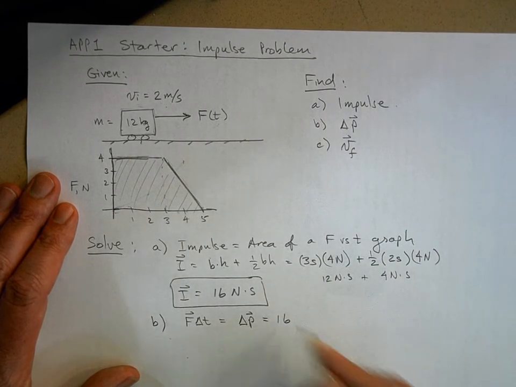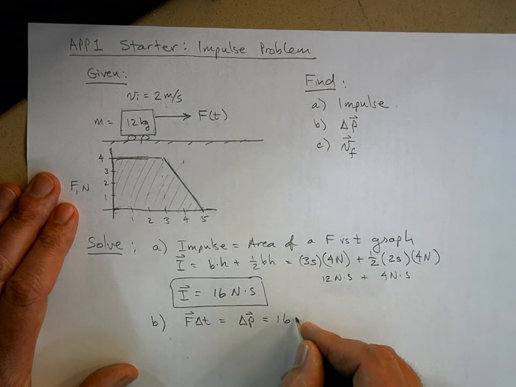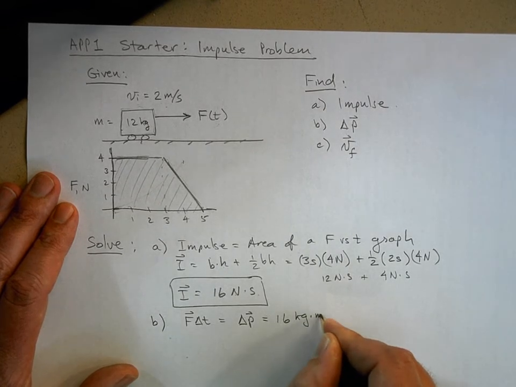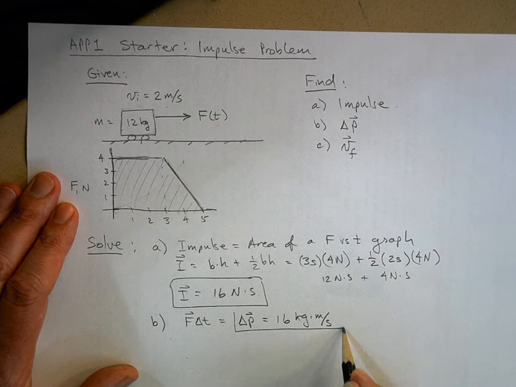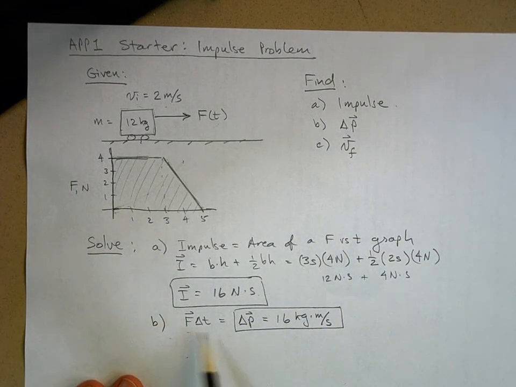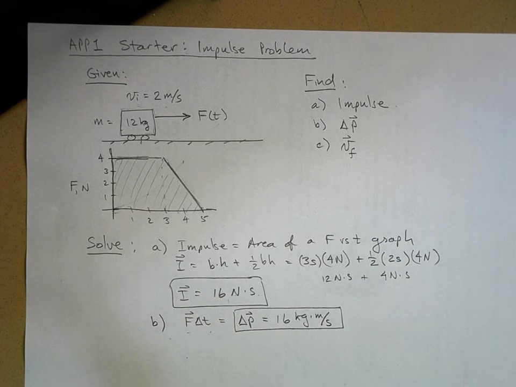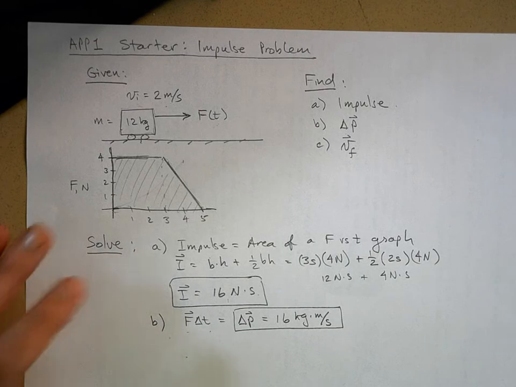It's 16, but instead of using Newton seconds, momentum is measured in kilograms times meters per second, mass times velocity. And that's all you need to know for part B. If you know the impulse, you know the change in momentum. They are equal. And I just changed the units a little bit. And if you get that mixed up, I'm not going to mark things wrong if you have Newton seconds instead of kilogram meters per second for change in momentum.